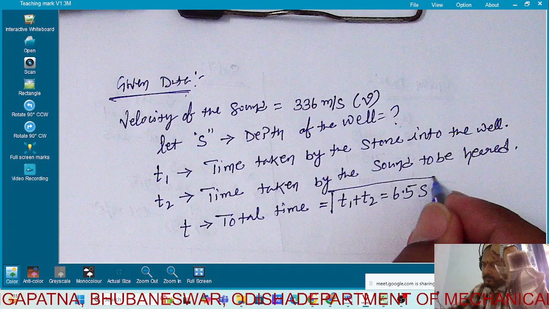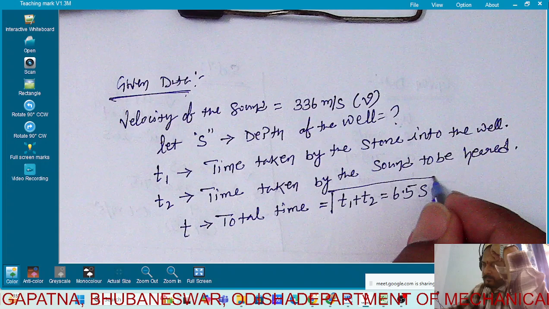So the initial velocity is 0, so this term becomes 0. I'm not going to write it, don't waste your time. So S is equal to half into 9.81 into T1 square.